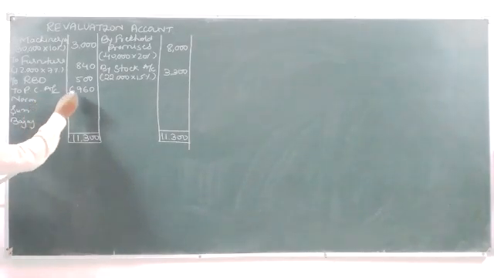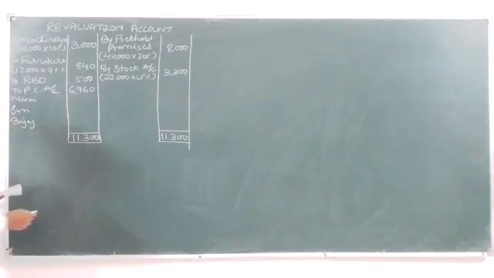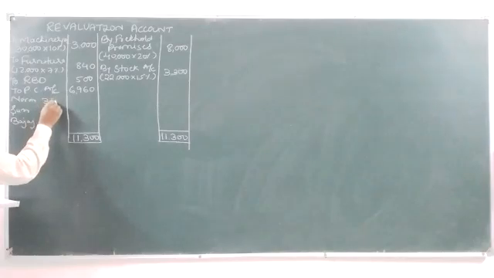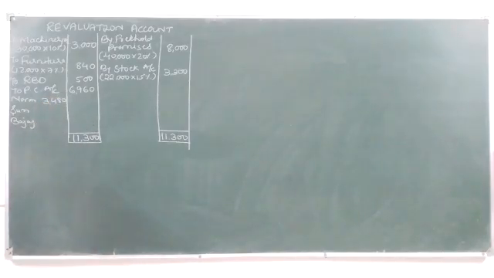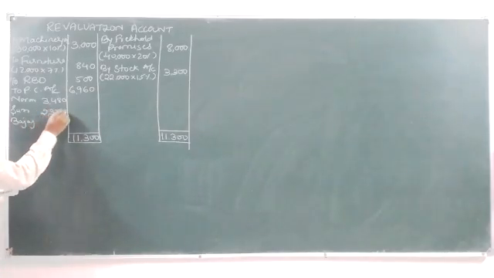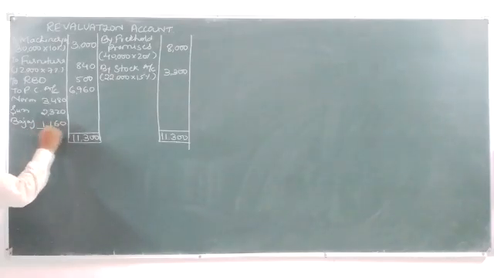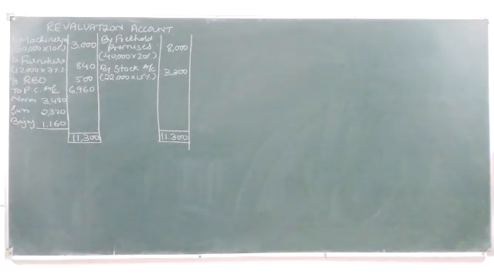I think first will be 3,480, and next is 2,320 and 1,160 maybe. Just check whether the division I have made is right. Right, 1160, 3480 and 2320. Exactly.